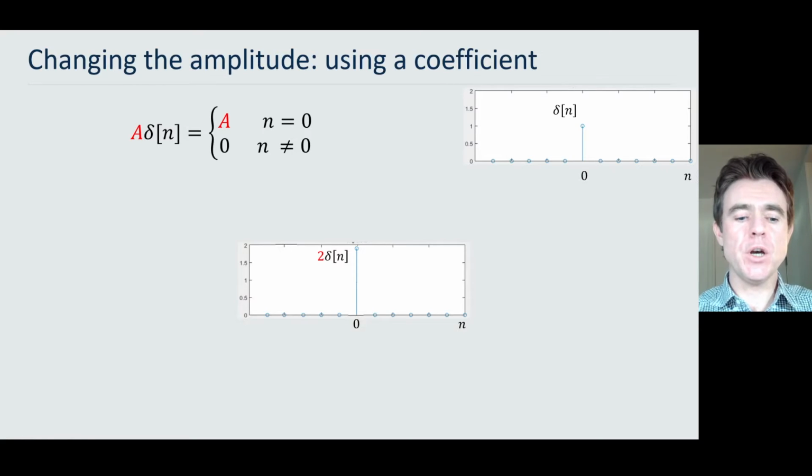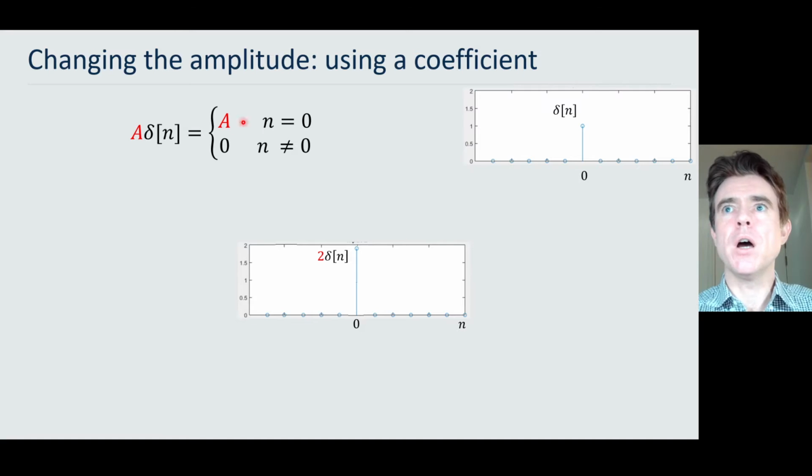As with the earlier case for the continuous Dirac delta function, we can use an amplitude or a coefficient to modify the height of this delta function. Here I'm using a capital A as a coefficient, an amplitude, a scaling factor. Earlier on I used a lowercase a. The point is we can use any coefficient we like.